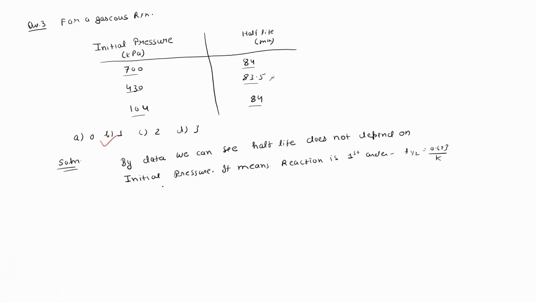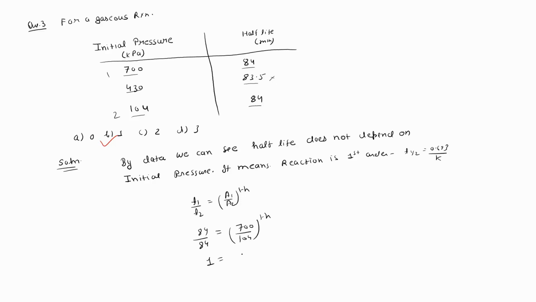And if you want calculation, then do the calculation. I will take this and this data. T1 by T2 is equal to A1 by A2 whole power 1 minus n. So T1 is 84, T2 is also 84, A1 is 700, A2 is 104, to the power 1 minus n.